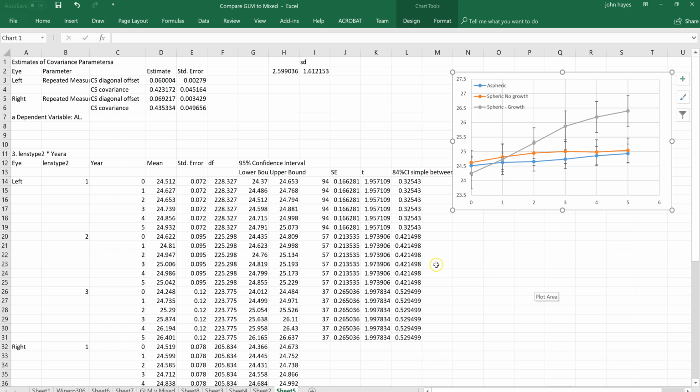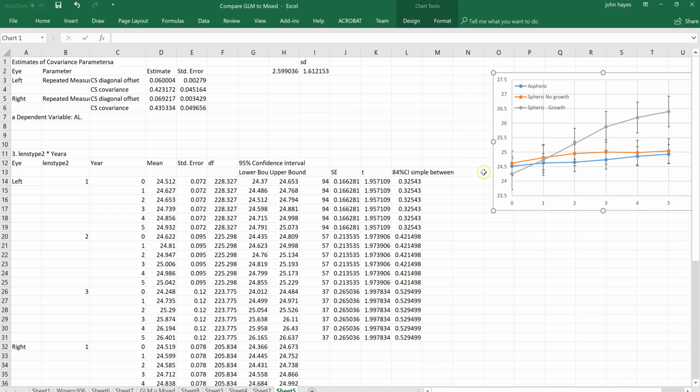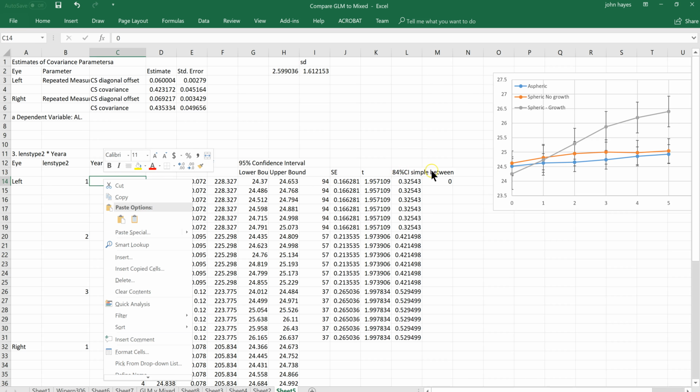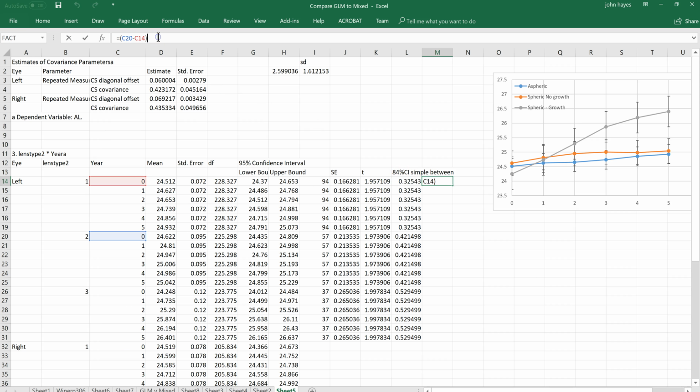Okay, so that's it. When we want to look at the effect size, we're going to look at, let's see, this one was the aspheric minus, I don't know, I don't want to do it the other way, but it doesn't really matter, divided by the standard deviation.